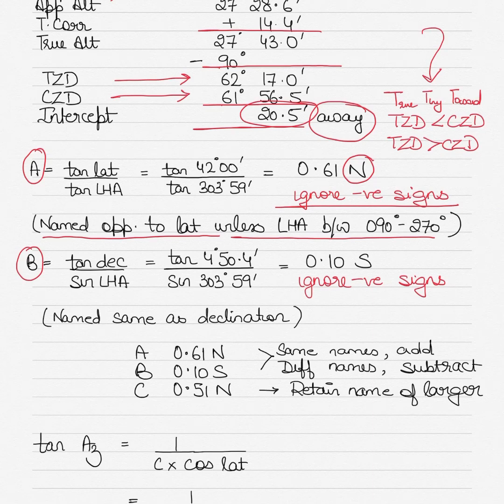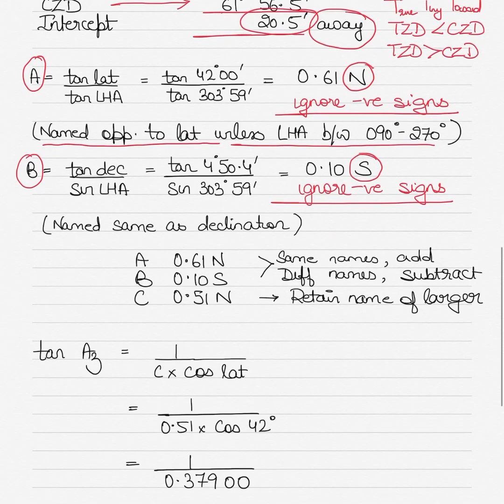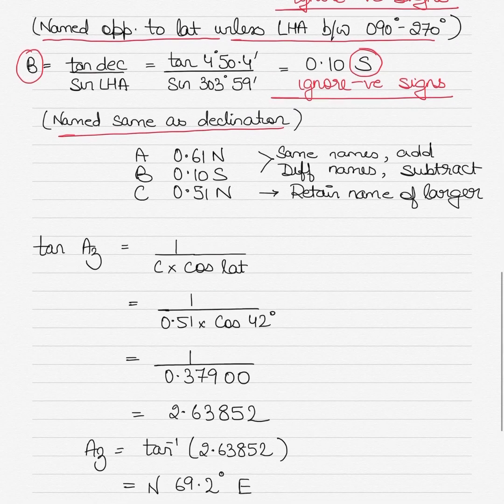Then you find out B by dividing tan of declination by sine of LHA. Again, simply put in the values in the calculator. Again, ignore any negative sign that you get, but name your B. When you name your B, you name it same as declination. Alright, so your declination is south, so you will name it south.